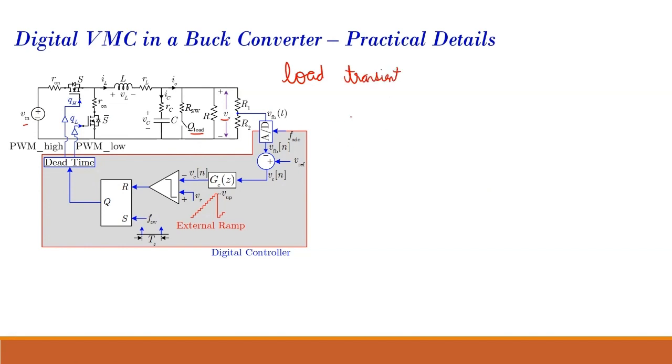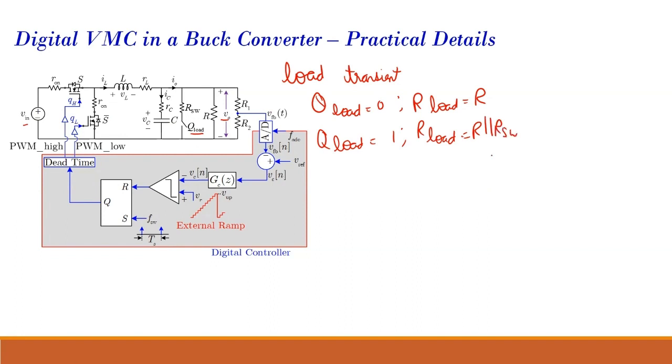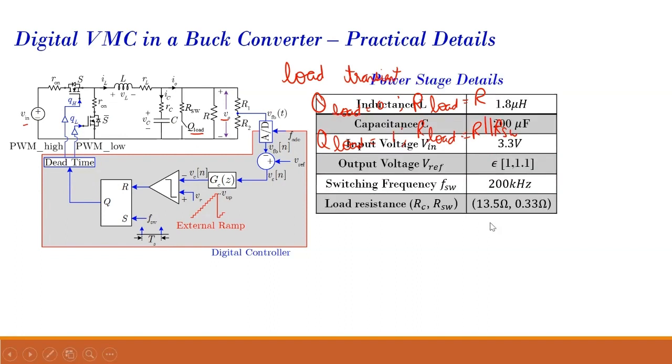How does it work? When this Q load is zero, your effective R load is equal to R. When your Q load is 1, your R load is equal to R parallel RSW. So these are those things: 13.5 ohm, 0.33 ohm, etc., RC and RSW.